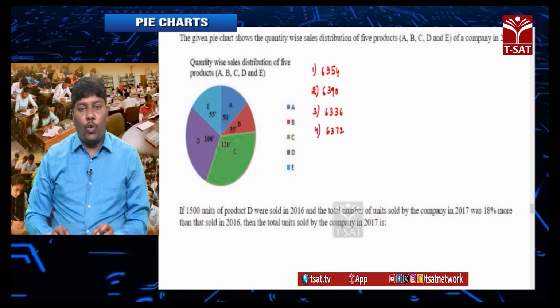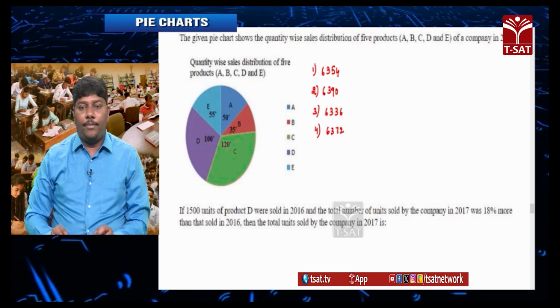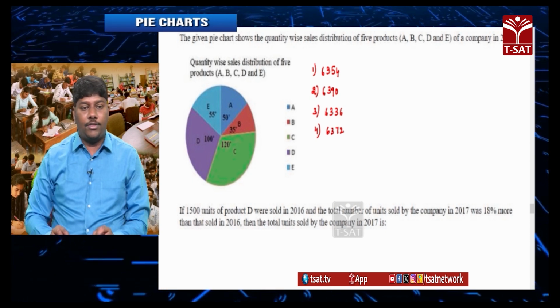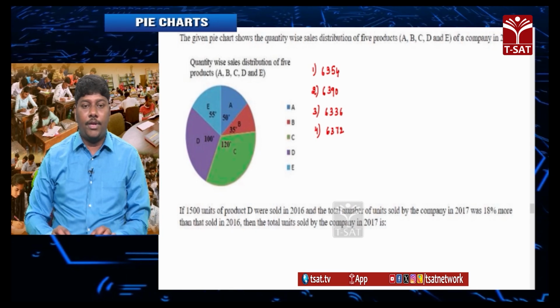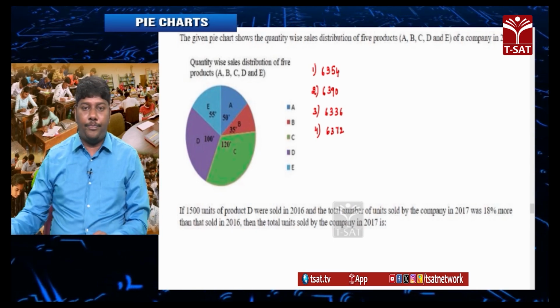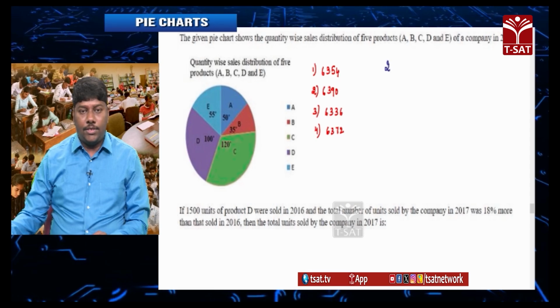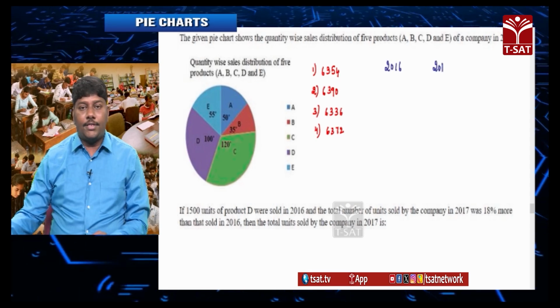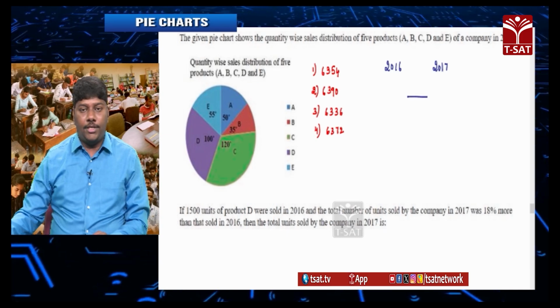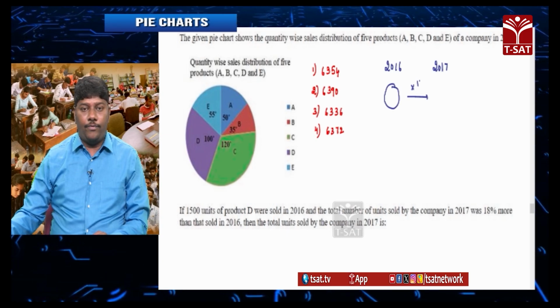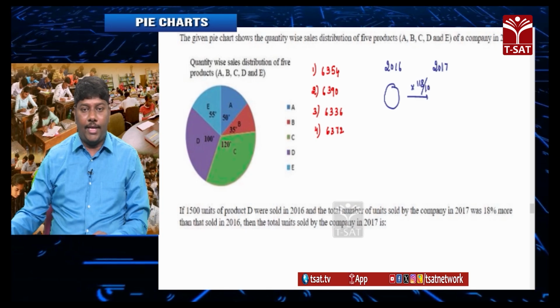He is asking you the total number of units sold by the company in 2017, which was 18% more than sold in 2016. So find out the total in 2016, multiply it by 118 by 100 so that you get the answer.